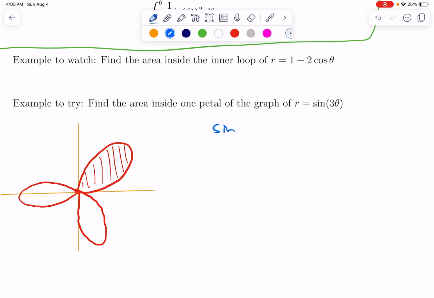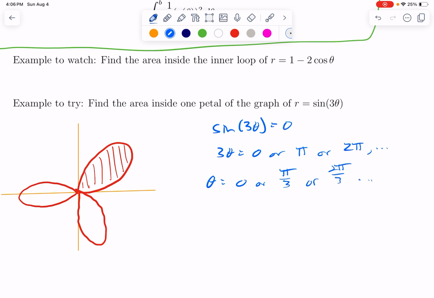So we would need to think sine of 3 theta is equal to 0, which means 3 theta is 0 or pi or 2 pi, etc., which means theta is 0 or pi over 3 or 2 pi over 3, etc. So hopefully you can believe, okay, it looks believable that this first petal begins at theta equals 0, begins perfectly horizontally, and then it ends when we're pointed in the pi over 3 direction.